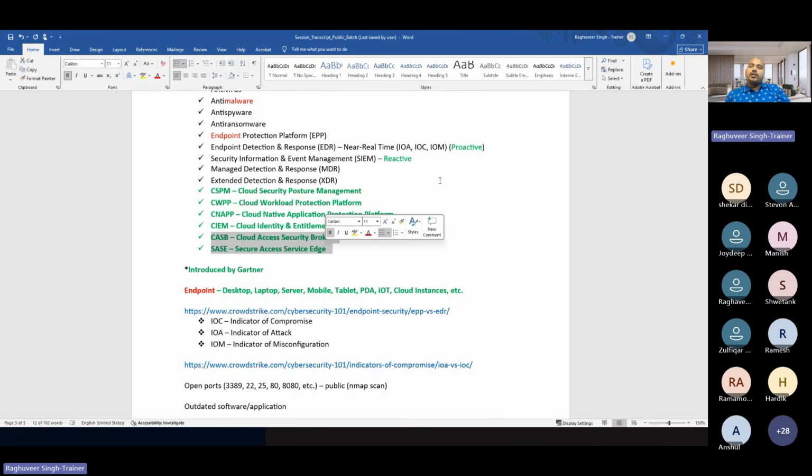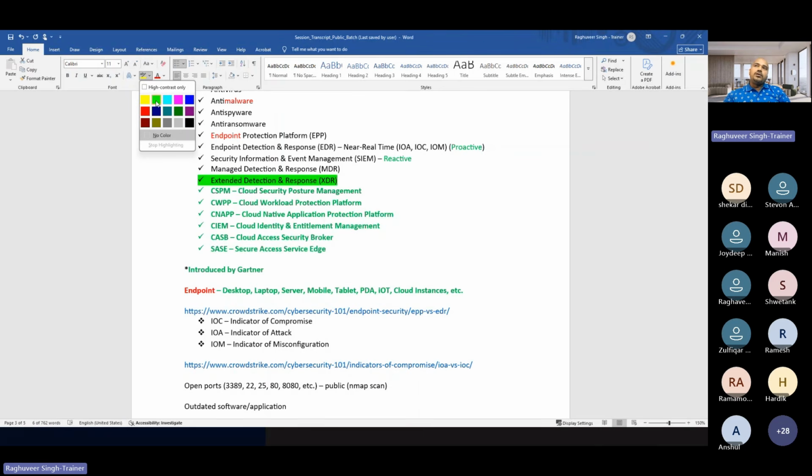So everything can be categorized into these two solutions. And that is where XDR comes into the picture. XDR is a combination of proactive plus reactive security. So we have Palo Alto Cortex XDR, we have Microsoft Defender XDR, we have XDR solutions from other independent software vendors also. These XDR solutions combine multiple capabilities together.